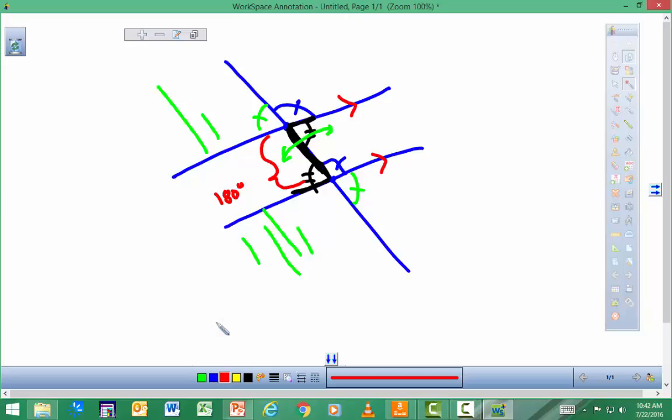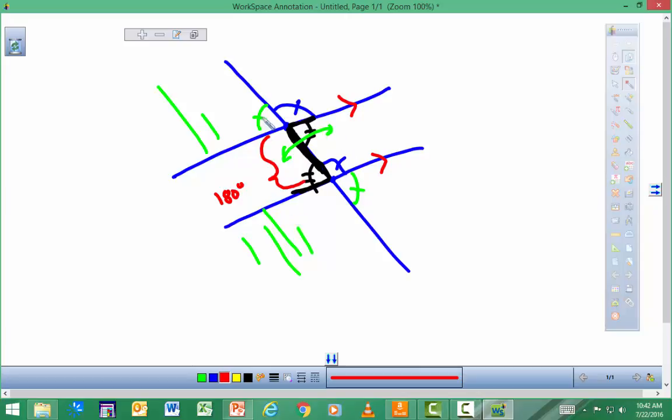Okay, so now today's lesson is very similar to this, but it's in reverse. Basically, we say, look, if you have some corresponding angles and they're congruent, then the lines are parallel. Or if you have some alternating interior angles congruent, then those lines are parallel.